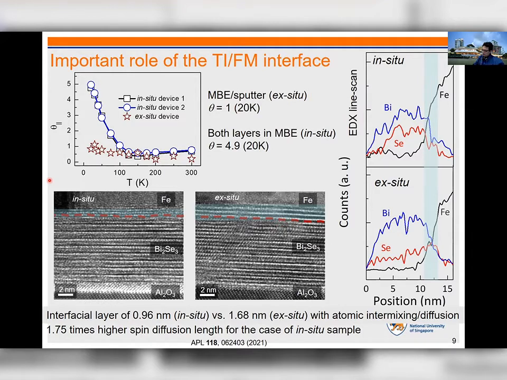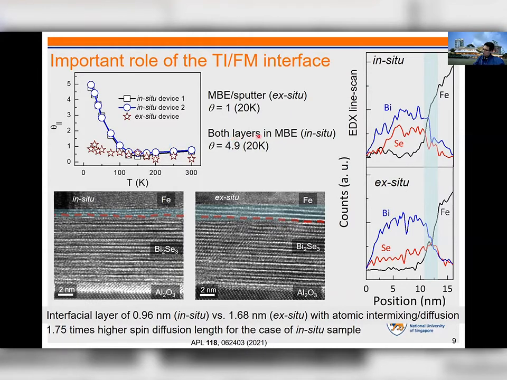So we fabricated 2 different devices, one using the conventional ex situ method. In this case, we grow bismuth selenide in the MBE chamber, then we take it out and immediately put it in the sputter chamber to grow the ferromagnetic layer. In this case, we find the enhancement at lower temperature is moderate.